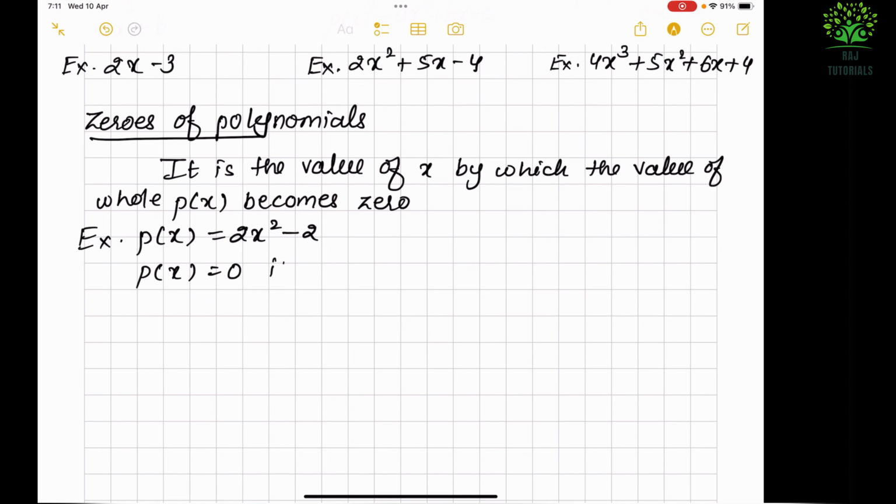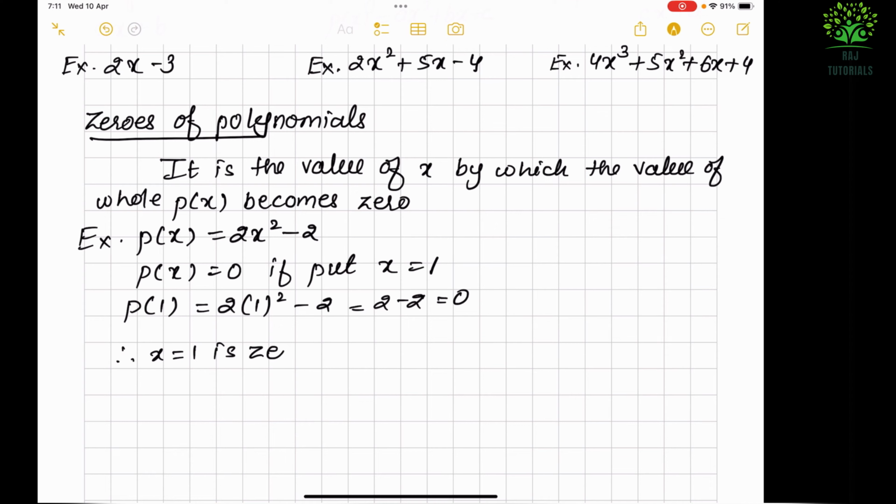If I put x equal to 1, now how? Let us check. P of 1 will be 2 into 1 square minus 2. So 1 square will be 1, and 2 into 1 will be 2, minus 2. So I will get the answer as 0. So therefore I can say x equal to 1 is a zero of the polynomial.